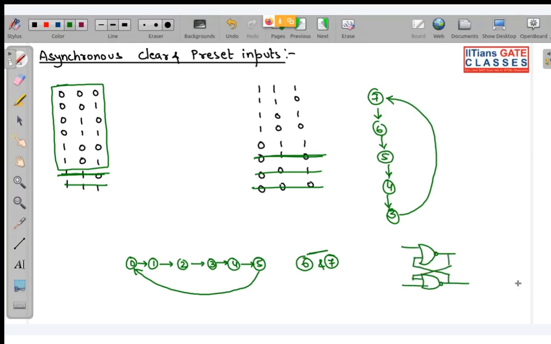Then we constructed a flip-flop by giving a clock over here. Now we have something known as clear and preset input. This clear and preset is fed over here. So this is one more input we have.